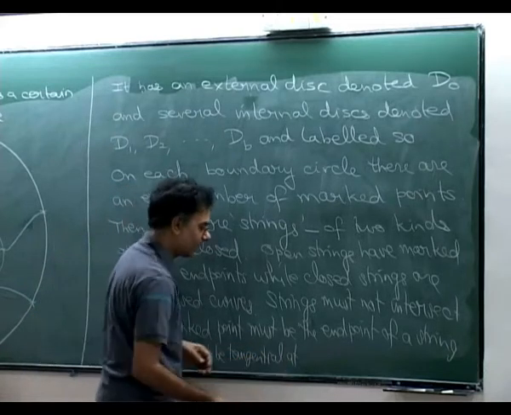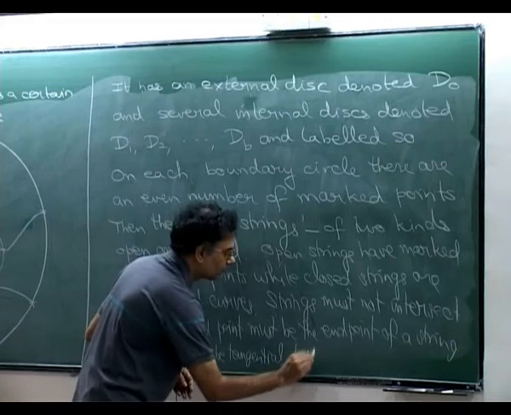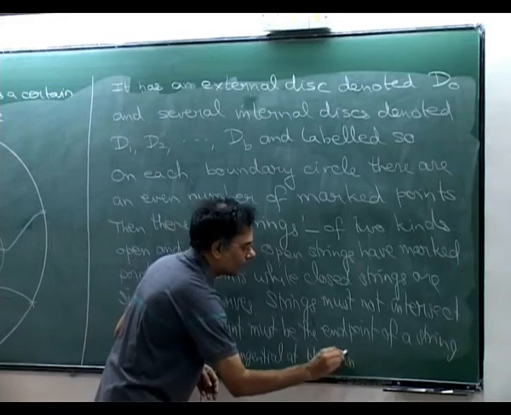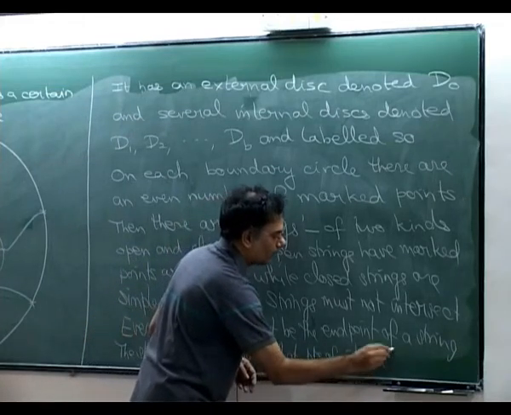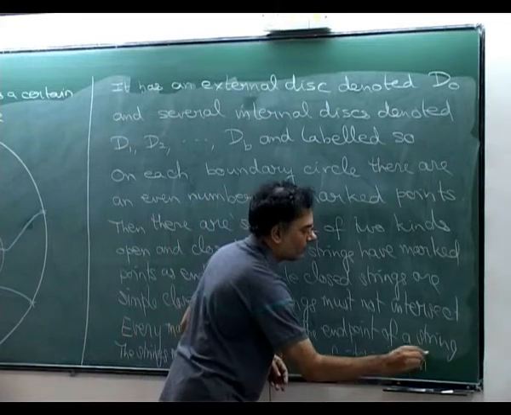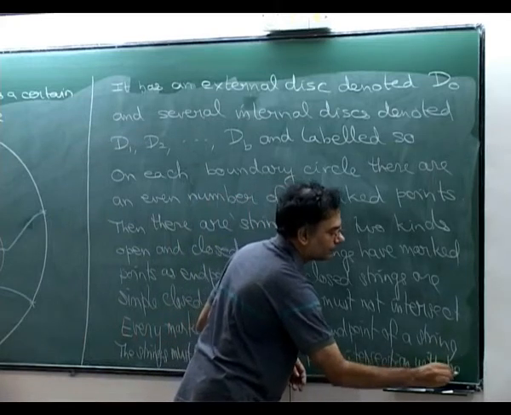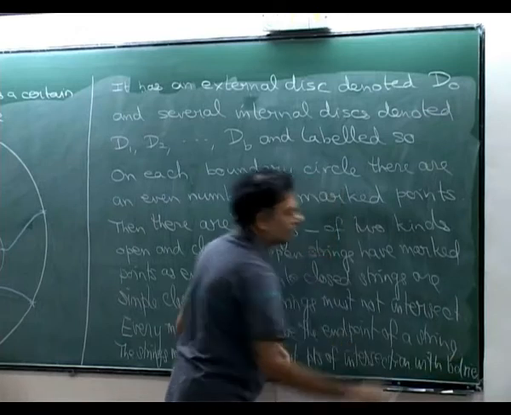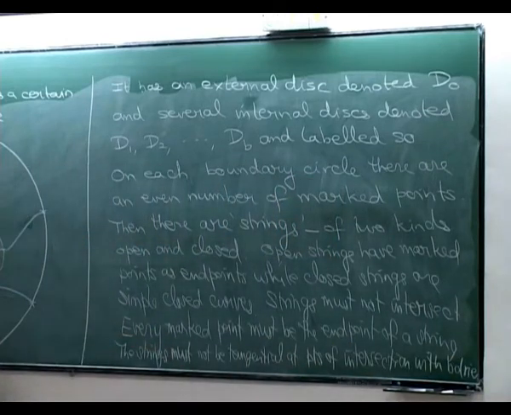It must be a transverse intersection with the boundaries. Right? So these strings cut at these boundaries, so they are not allowed to cut in a tangential manner. It must be only a transverse intersection.